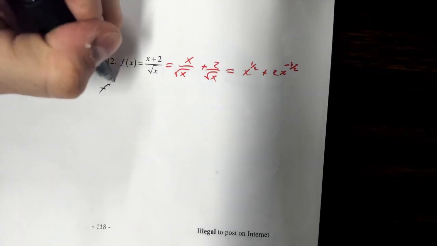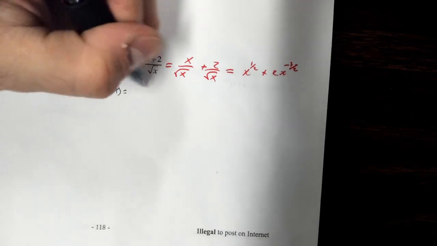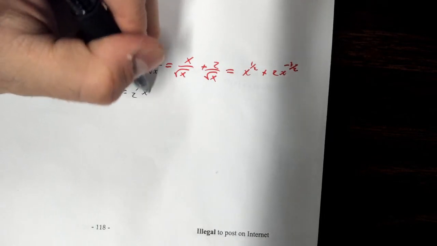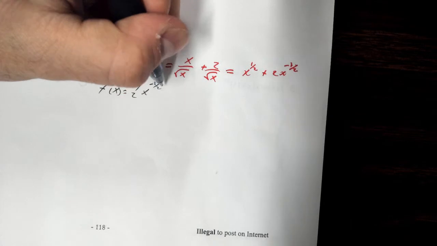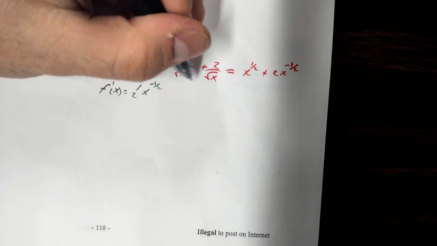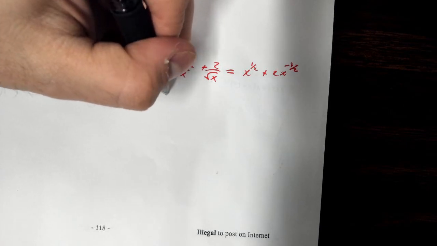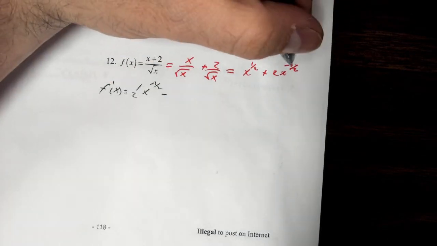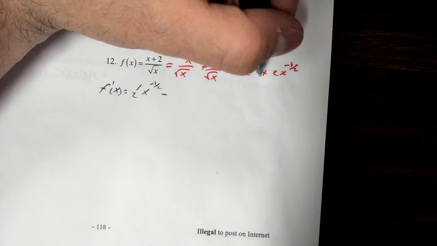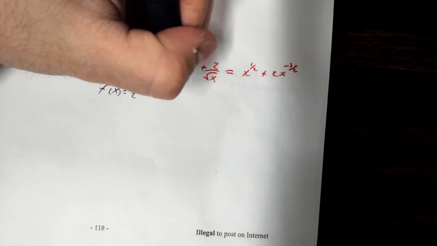Then to take the derivative of that, f prime of x will be 1/2 x to the negative 1/2 minus negative 1/2 times 2, just a negative 1 x to the negative 3/2.